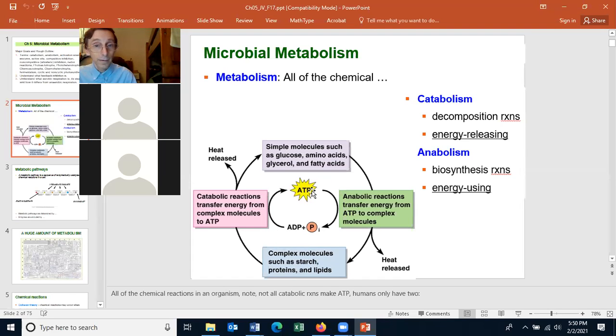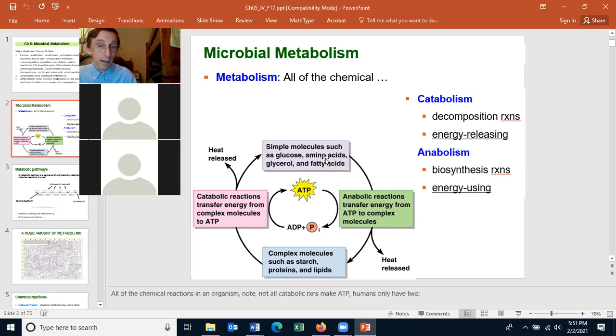On the other hand, when single molecules are taken to make complex molecules, such as glucose being taken to make starch, ATP is used up because you need energy to go from a simple molecule to a complex molecule.